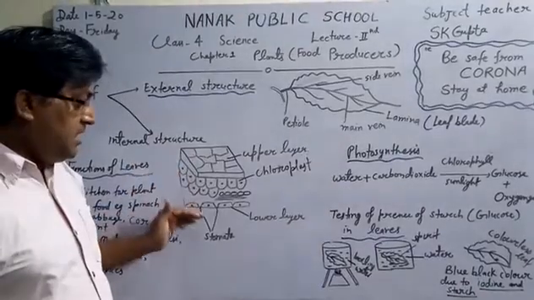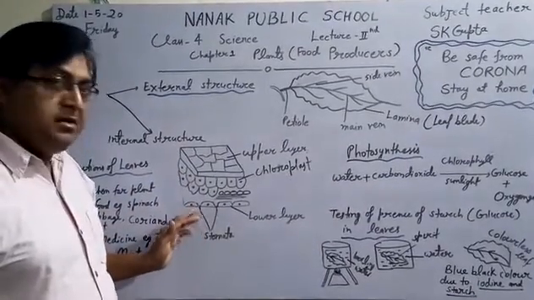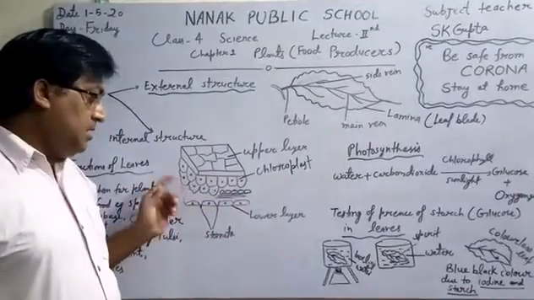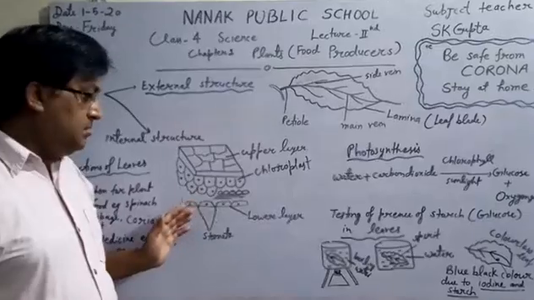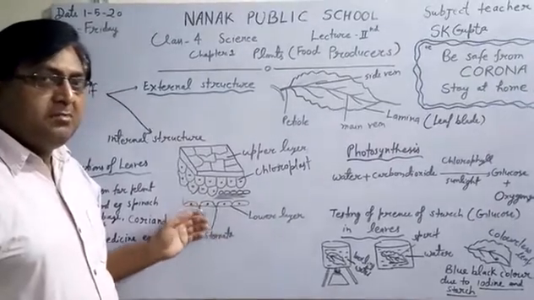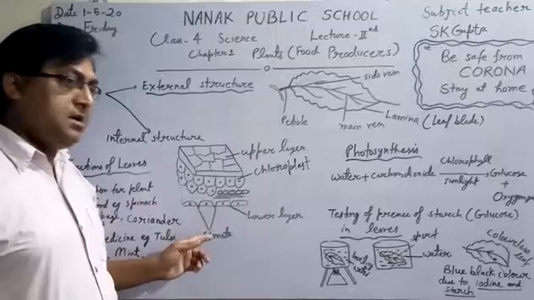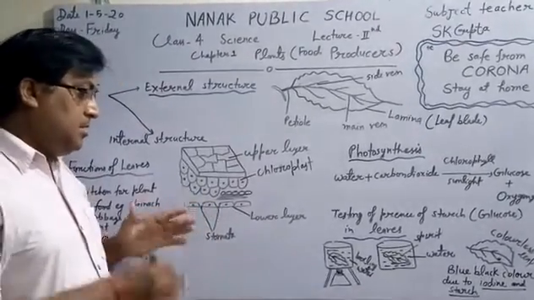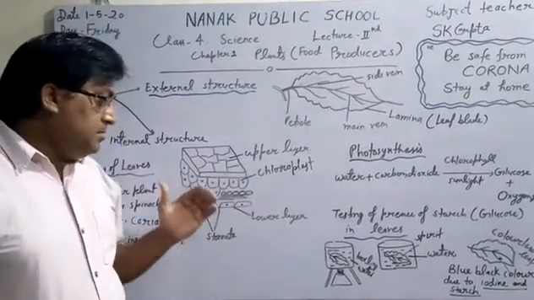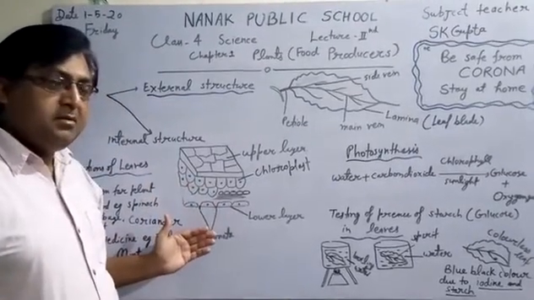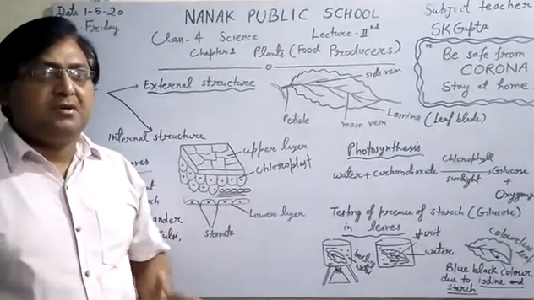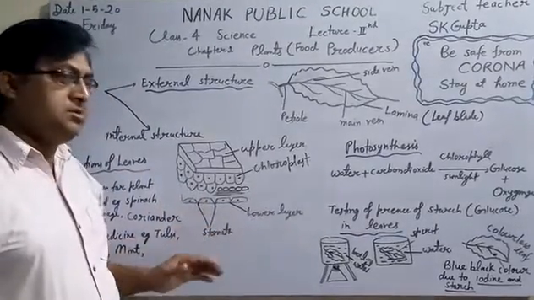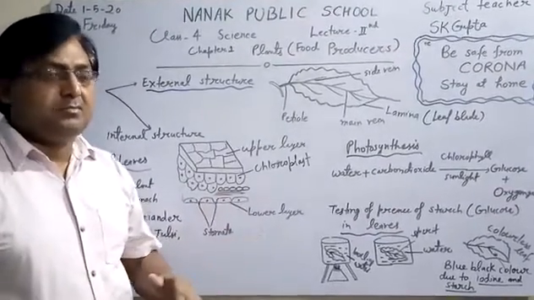And on the lower side there is a layer of cells. Between the cells there is a pore which is called stomata. These are guard cells. The pore of stomata provides exchange of gases, and it also releases excess amount of water.